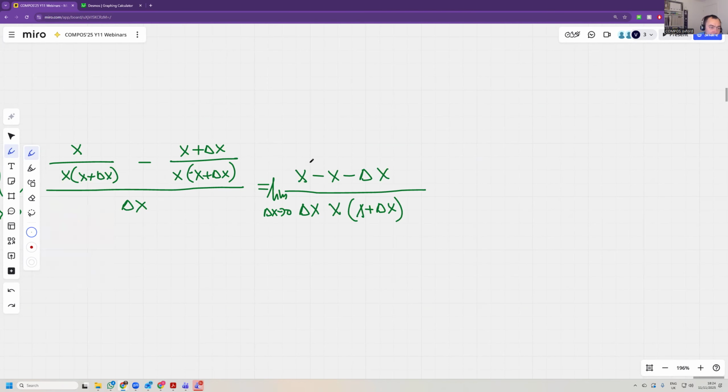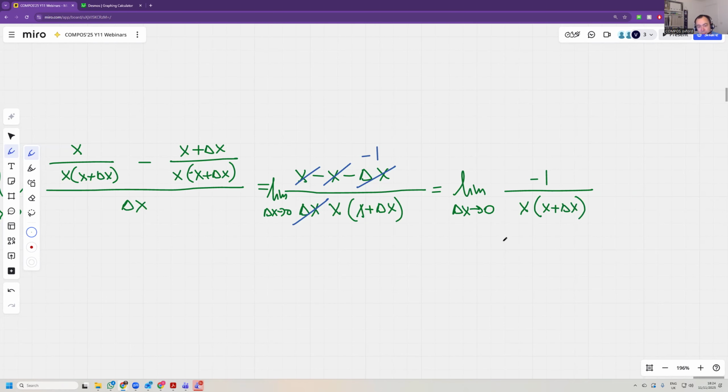Now you get minus delta x divided by delta x, so delta x cancels, and you get minus 1. So now you have the limit as delta x tends to 0 of minus 1 divided by x times x plus delta x.